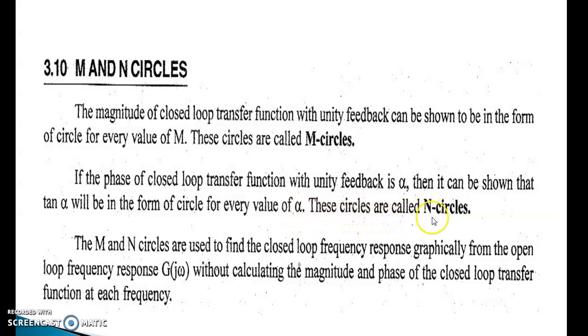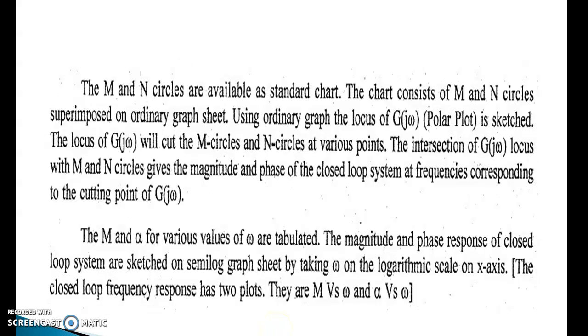These circles are called N circles. The M and N circles are used to find the closed loop frequency response graphically from the open loop frequency response G(jω) without calculating the magnitude and phase of the closed loop transfer function at each frequency.